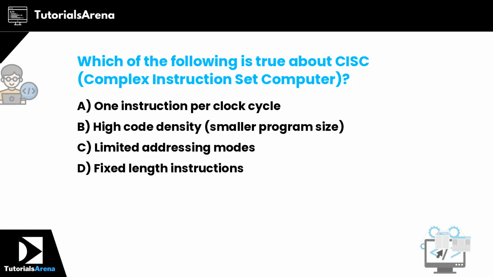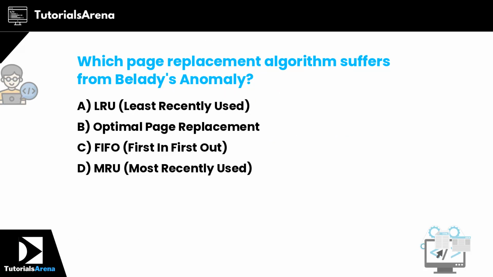Which of the following is true about CISC, complex instruction set computer? The correct answer is option B, high code density, smaller program size. Which page replacement algorithm suffers from Belady's anomaly?